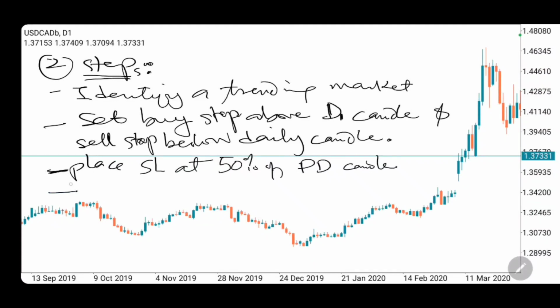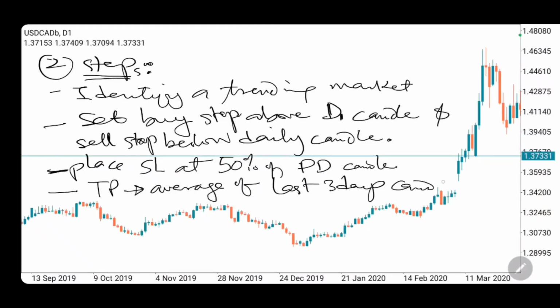Now for your take profit, don't worry, I will show you on the chart in a while. For your take profit, you're going to use the average of the last 3 days' candles as your TP.